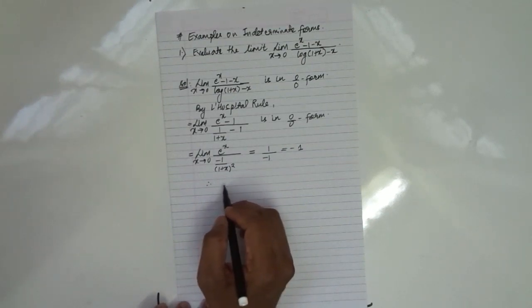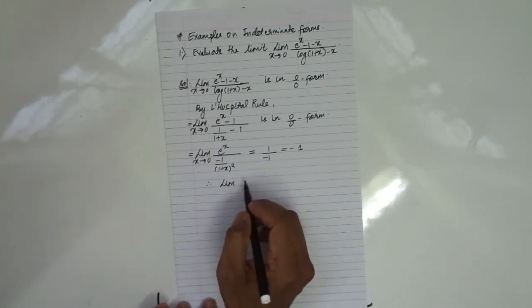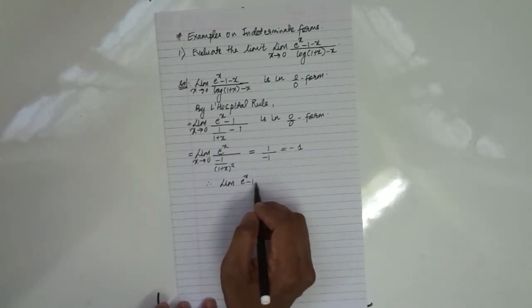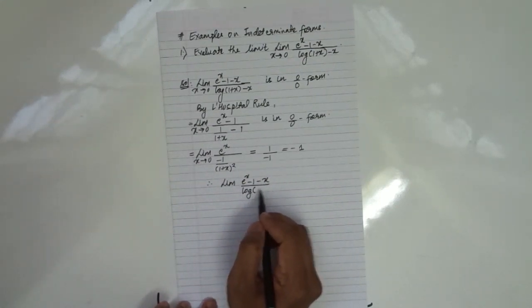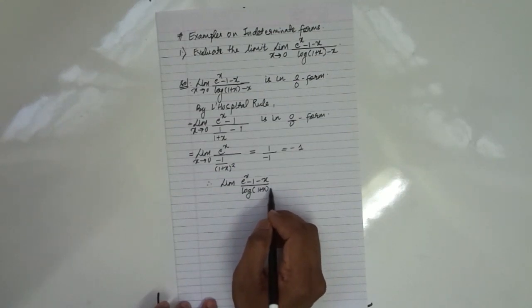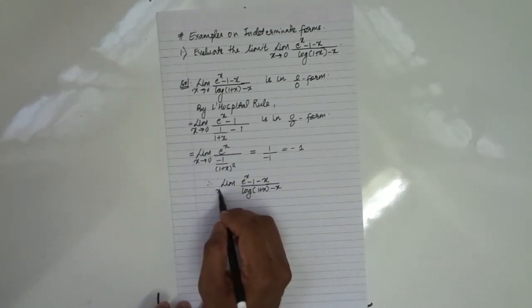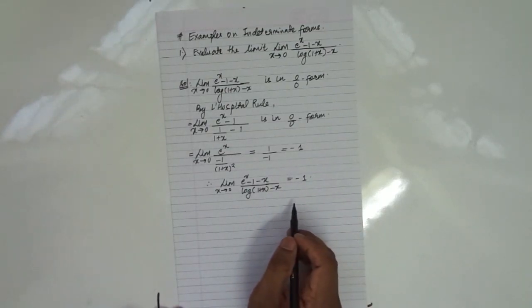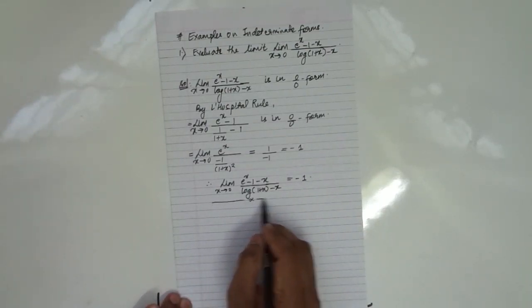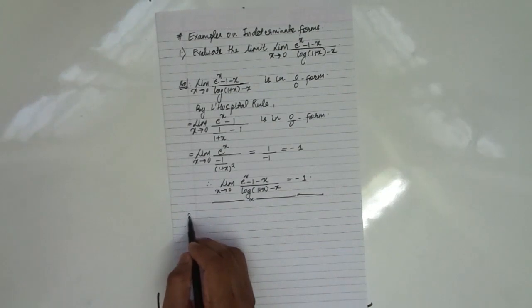So we conclude that the limit of e raised to x minus 1 minus x upon log 1 plus x minus x as x tends to 0 is minus 1. Example 2.